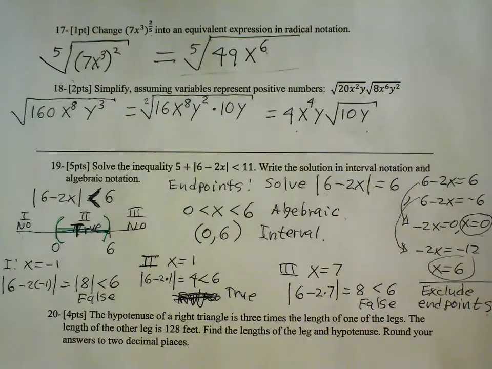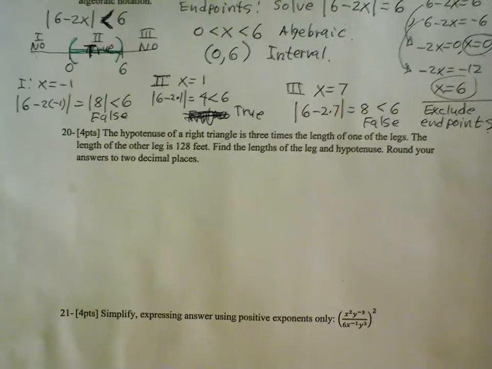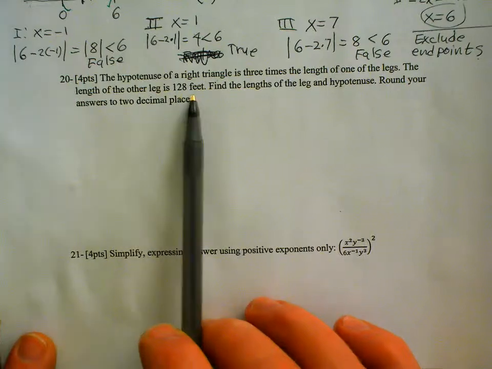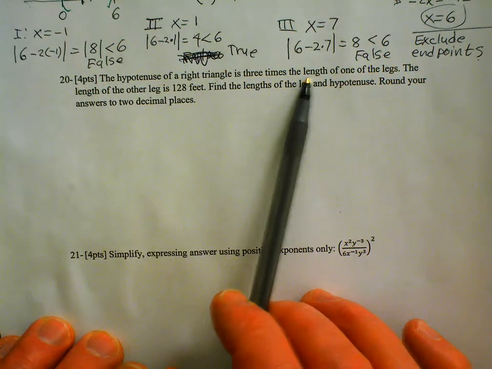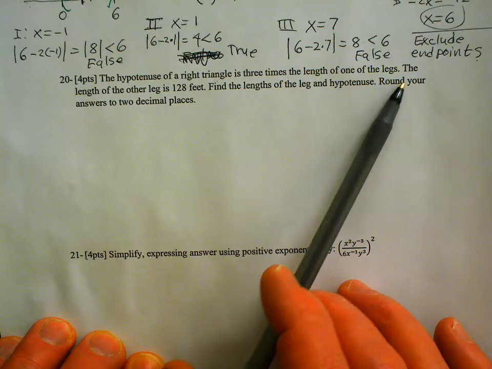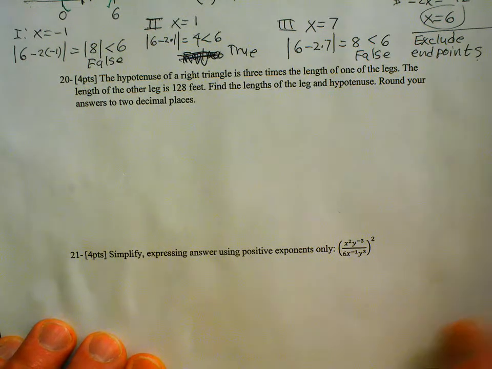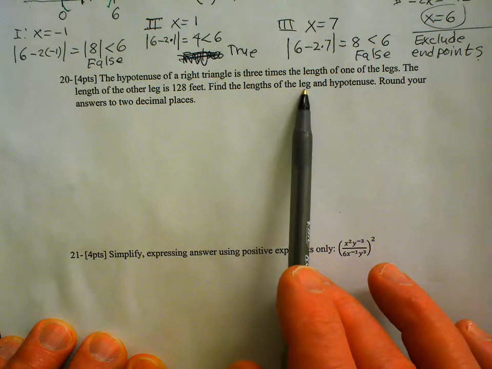Okay, in the next example, we have a right triangle problem. On this one, the hypotenuse of a right triangle is 3 times the length of one of the legs, and the length of the other leg is 128 feet. Find the lengths of the leg and the hypotenuse.